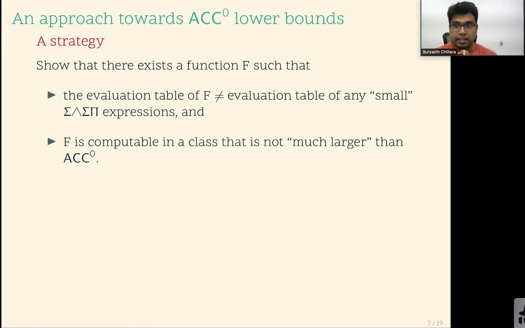So, a strategy to show AC0 lower bounds is to show that there exists a function f such that its evaluation table is not equal to the evaluation table of any polynomials that can be expressed as small sigma power sigma pi expressions.